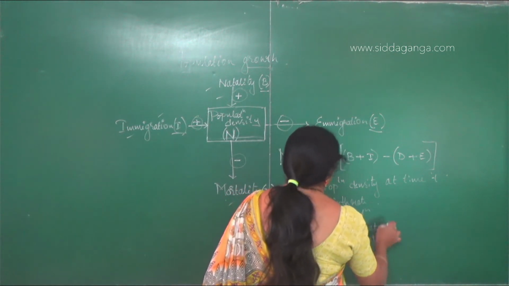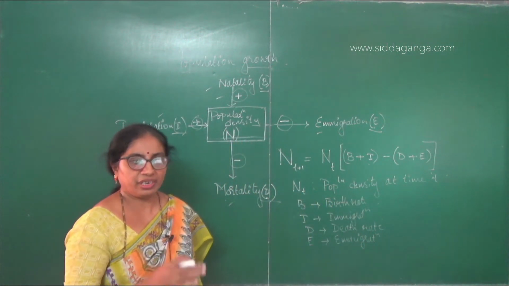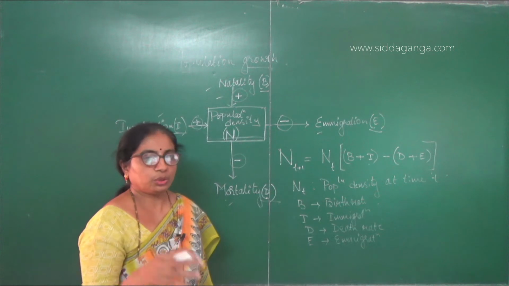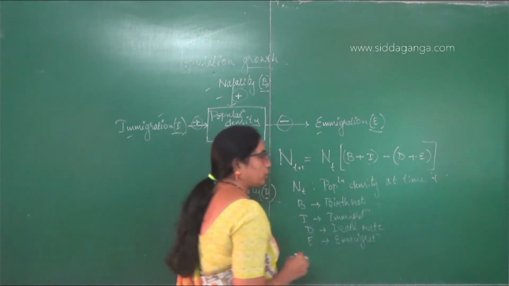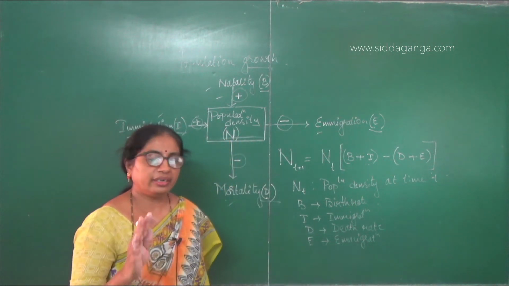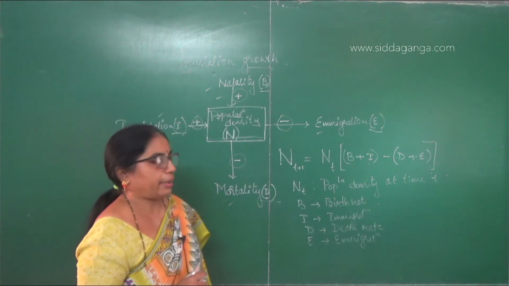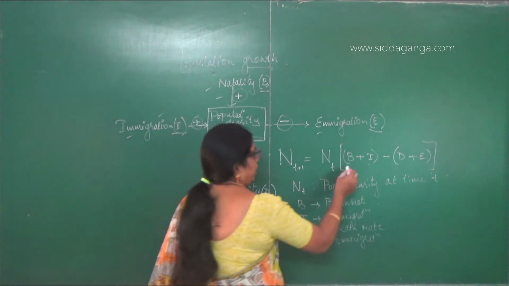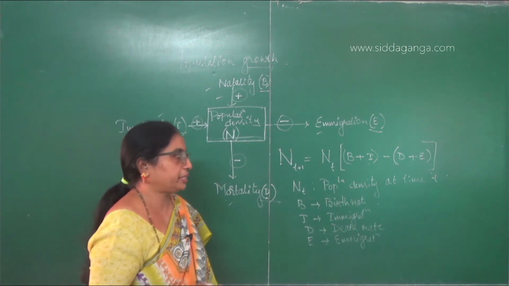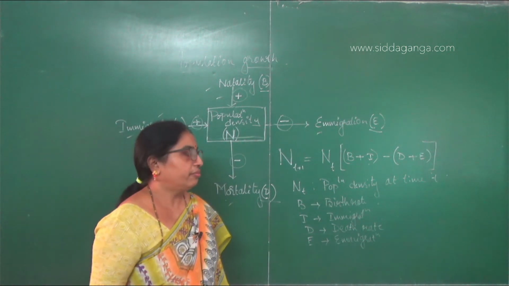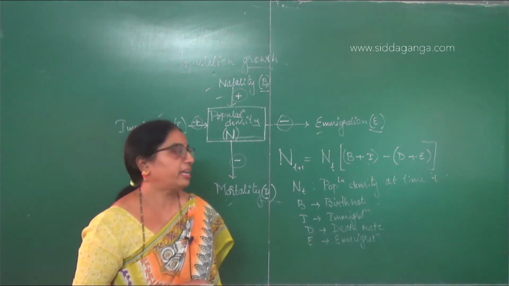So birth rate and immigration will increase the population size. From that you subtract the number of deaths, and the individuals who have gone elsewhere from that particular habitat. So B and I will add individuals to the population in a particular habitat, whereas D and E will remove individuals from the population in a given habitat.